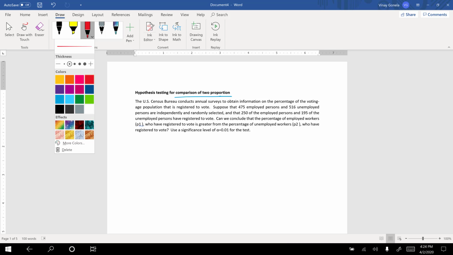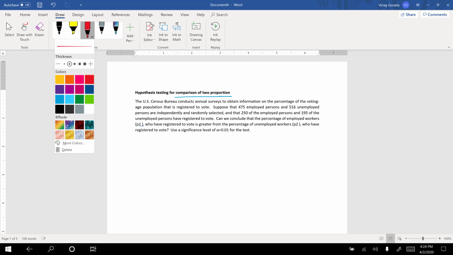The US Bureau conducts annual survey to obtain information on the percentage of the voting age population that is registered to vote. Suppose that 475 employed persons and 516 unemployed persons are independently and randomly selected, and that 250 of the employed persons and 195 of the unemployed persons have registered to vote.